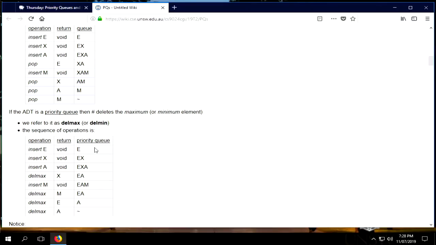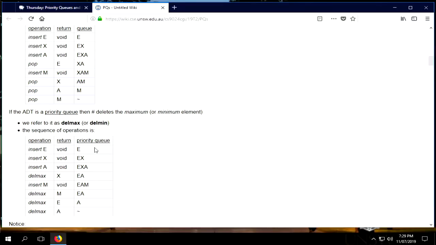And then we do an insert M, so we've got E, A and M in our structure, in our ADT. And then we do three more del maxes, three more pops for our max, pop max, whatever you want to call it, del max, pop max, for our priority queue, and we get them out in the order of size.